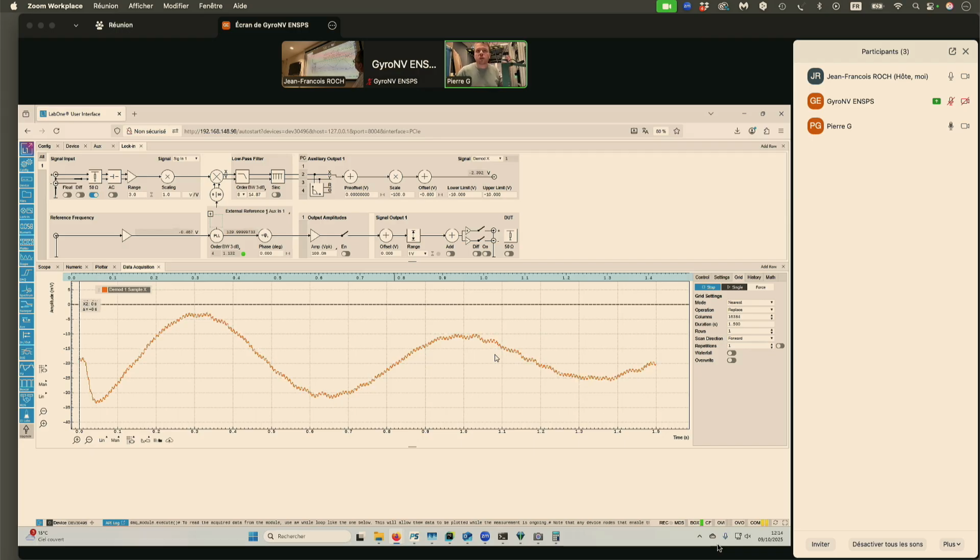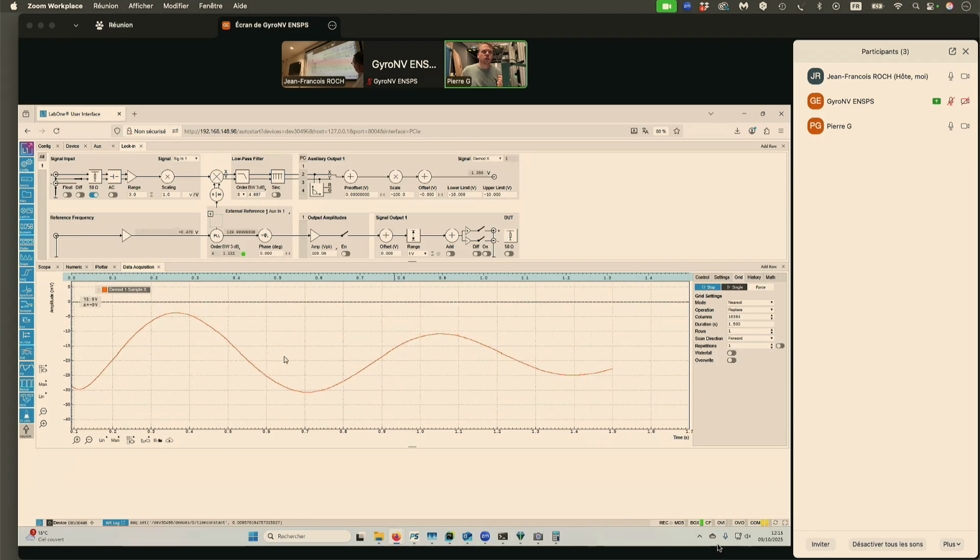Okay, so now what I need to do is to tune properly. So I have two solutions. Either I tune the RF I'm sending to the antenna, or, since I can change the magnetic field, I can tune the natural frequency of the NV. That's what I'm going to do.